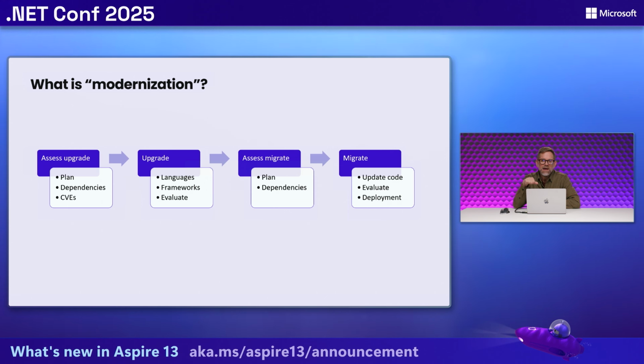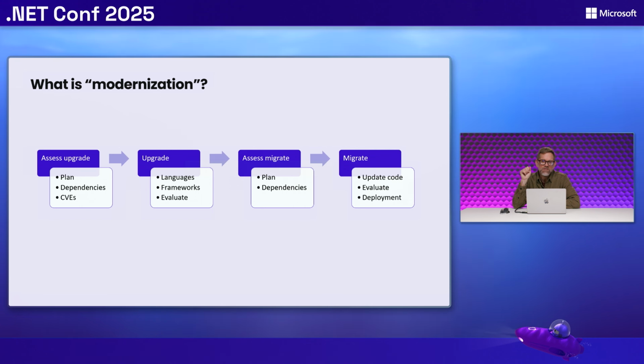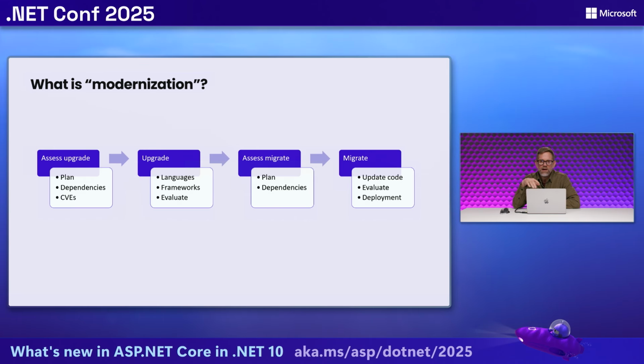You go through planning, and the plan will say, you know what, you have some database access here, let's go to Azure SQL. It makes that recommendation for you. It makes that plan, checks all your dependencies, sees what you need to do, and then you can do the migration at the end, where it updates the code, evaluates, and has a nice seamless deployment as well.